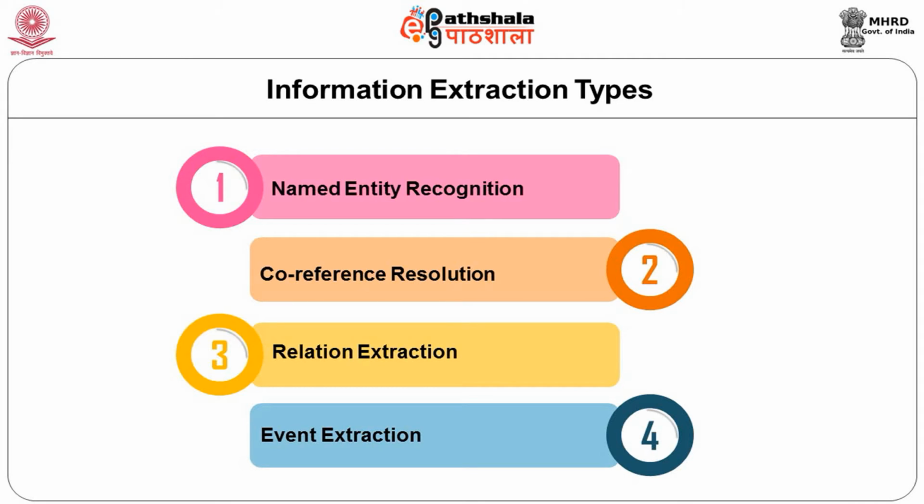And then there are other different types that IE attempts, like I mentioned. This could be just extraction of relations and the concepts along with that relation, which we refer to as conceptual relations, or it could be extraction of events. So, let us have a look at each of these types.